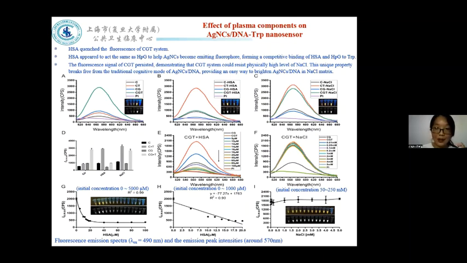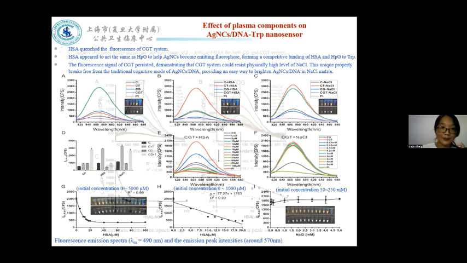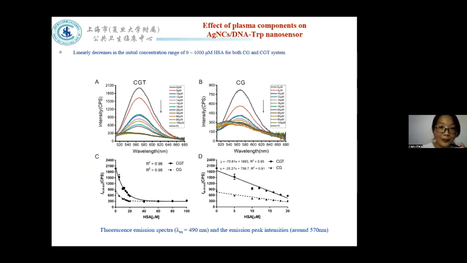This phenomenon challenges the traditional notion that chloride ions can quench the silver nanoclusters. And the linear decreases can be found by adding different concentrations of HSA for both CG and CGT systems.